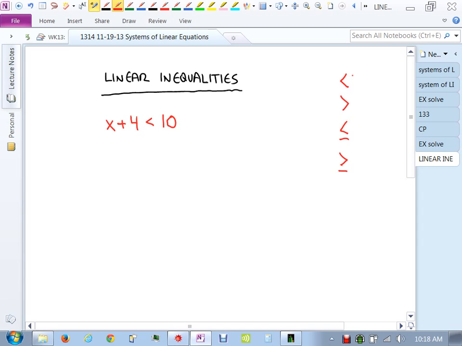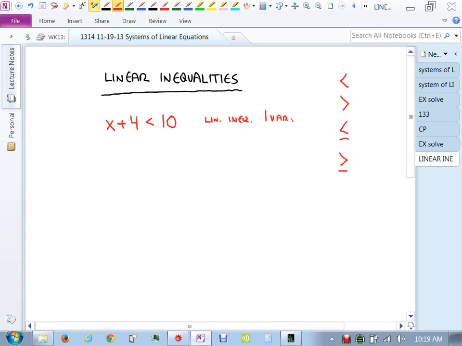Has everyone seen those before? Okay. So if I write x + 4 is less than 10, then that's an inequality. It's linear because you have x to the first power. So this is a linear inequality, 1 variable.